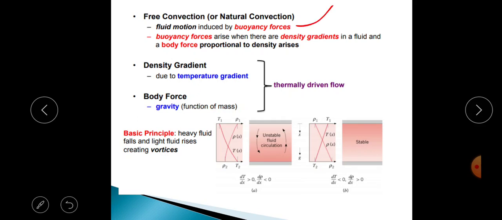Buoyancy forces arise when there are density gradients in the fluid, and a body force proportional to density arises. The density gradient is due to temperature gradient, and the body force is gravity, a function of mass. So the basic principle is that heavy fluid falls and light fluid rises, creating vortices. Here you can see the vortices.